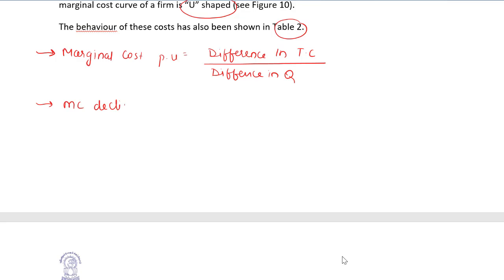Marginal cost declines initially, reaches the minimum, and thereafter increases.